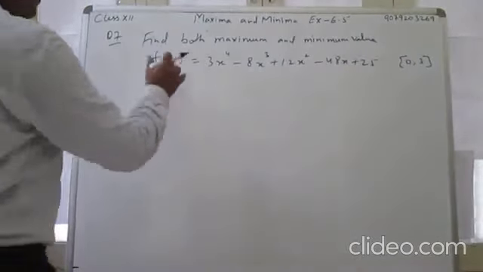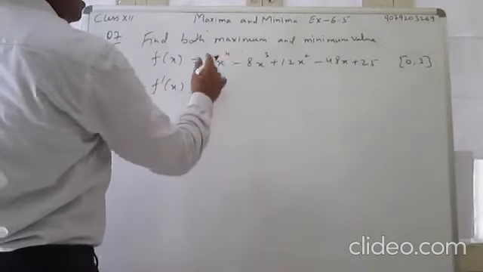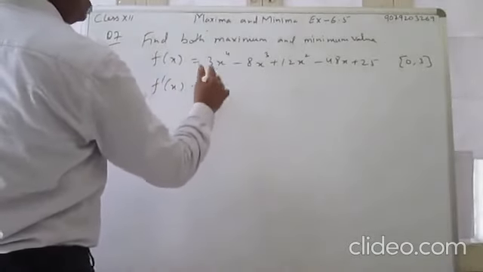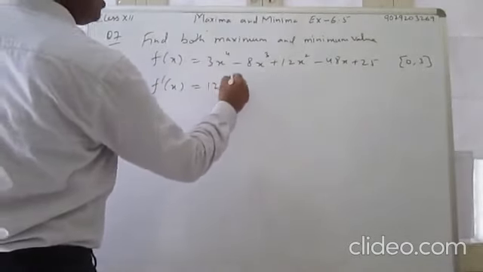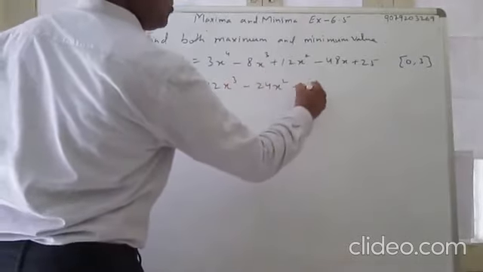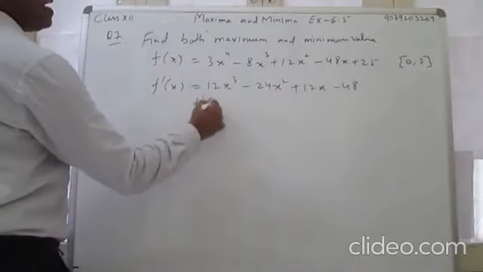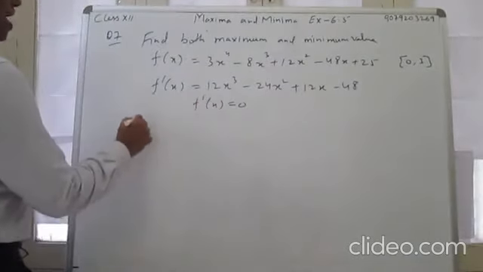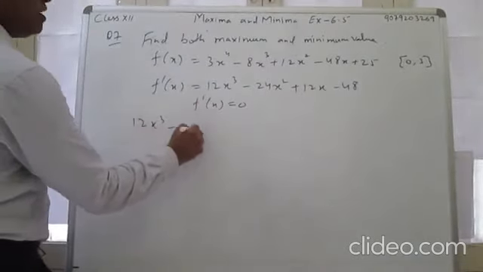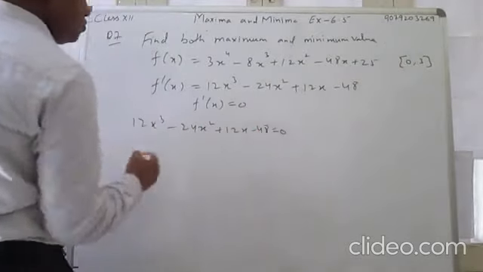Now we have to first find f dash x. x to the power 4 gives 4x cube into 3, 12x cube, minus 24x square plus 12x minus 48. Now f dash x is equal to 0, so 12x cube minus 24x square plus 12x minus 48 is 0.